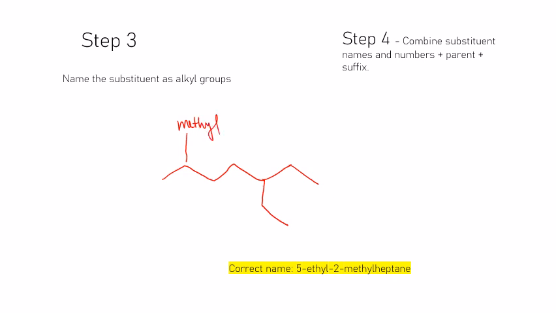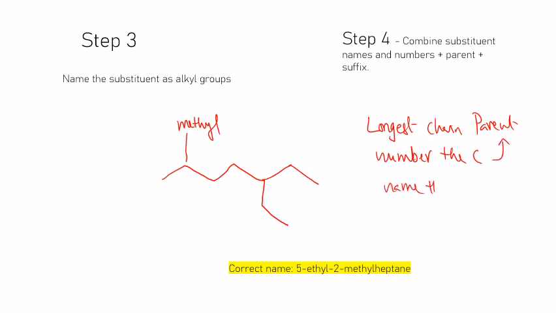So I selected the longest chain. So the first step is the longest chain, that is called the parent chain, and I will number them. Okay, number the carbon atoms in the parent chain. Okay, and then I will name the substituent, and then I will combine all three.